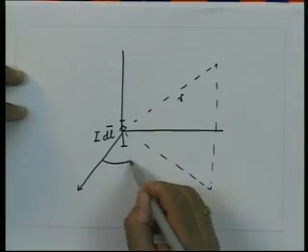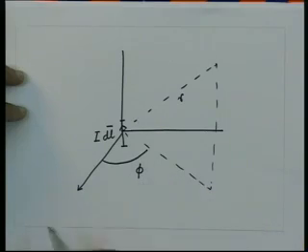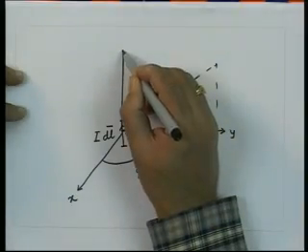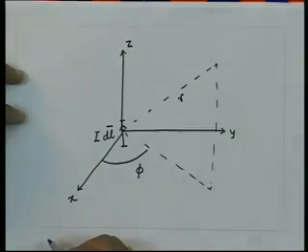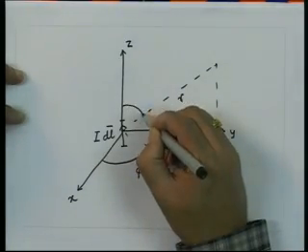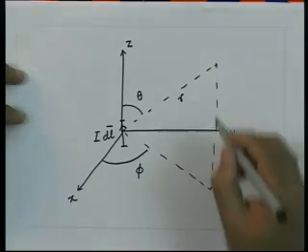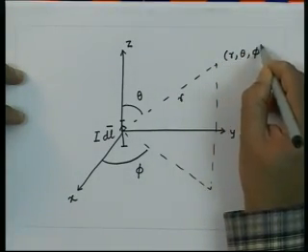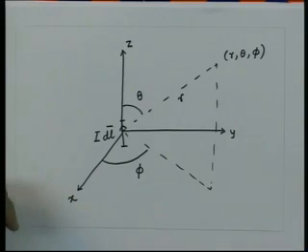This angle is phi, this is x axis, this is y axis, this is z axis, and this angle is theta. So, this point here is r theta phi, where we want to find out the magnetic vector potential.